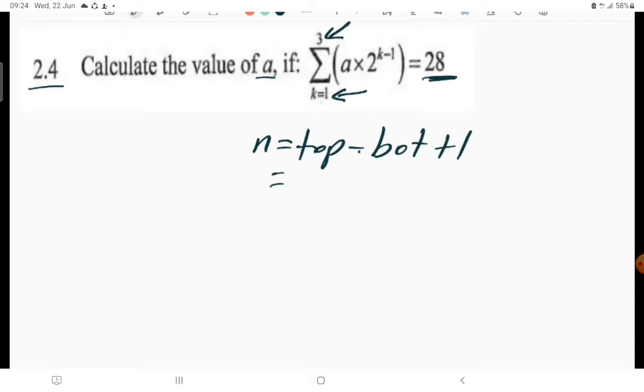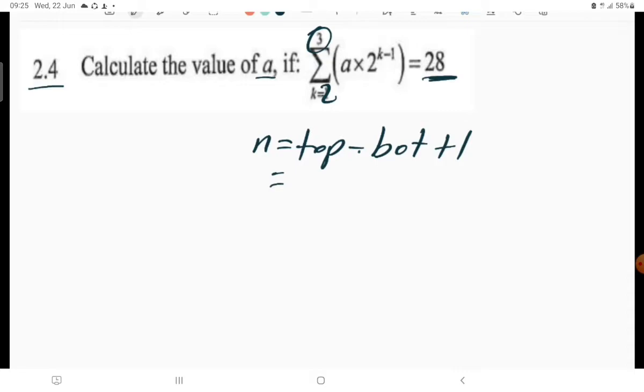Otherwise, if k starts from 1 and we have 3 there, that 3 becomes just the number of terms. Otherwise, it depends on where we start adding these numbers. Did you start from the first term, which will make this number the actual number of terms, or did we not insert the first term and just started from term 2?